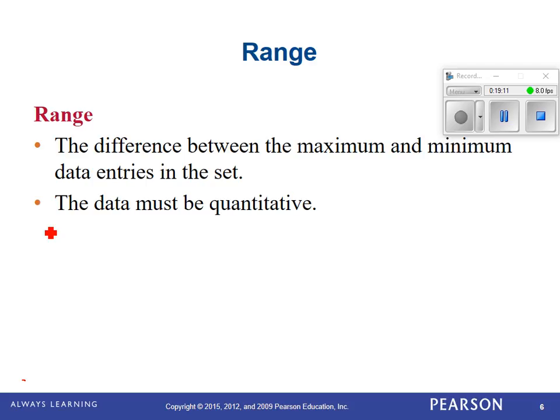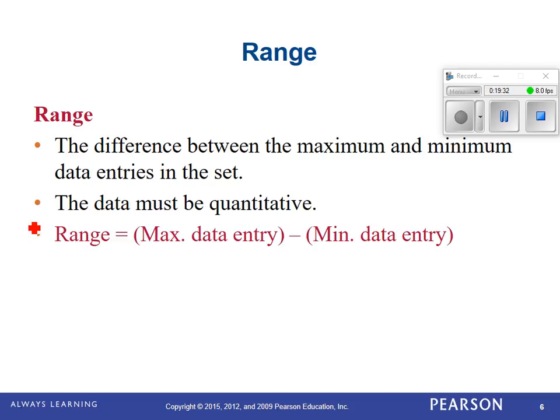Data must be quantitative. What does it mean to be quantitative again? It's got to deal with numbers. So you can't say maximum minus minimum when we're talking about freshmen, sophomores, juniors, and seniors. We can't say seniors minus freshmen. Doesn't work. It's got to be quantitative. Nothing real hard about this.